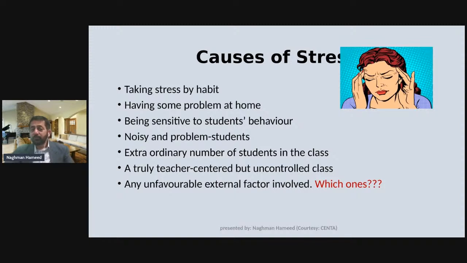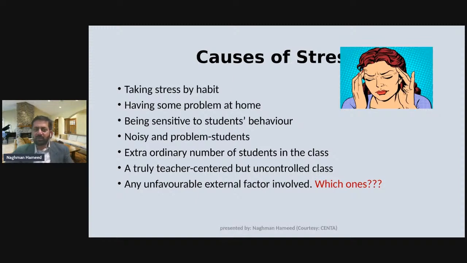Before we prepare measures to solve any problem, we have to know its causes. So the same is true for stress. What causes stress? These are a few points written, and there are so many other points.